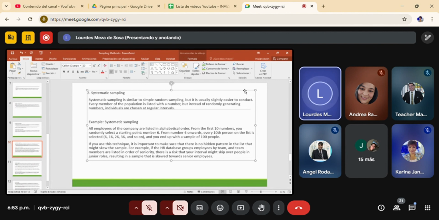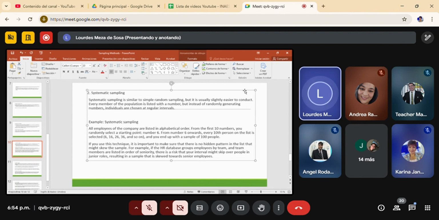That's the example that I gave you, where out of 10 people, the 10th was interviewed, right? That's systematic sampling. So they are listed in alphabetical order according to this example.